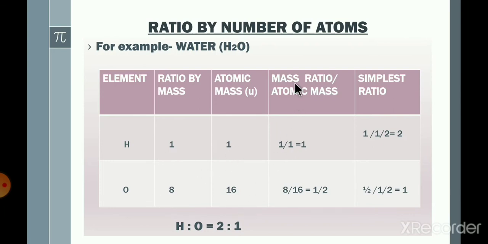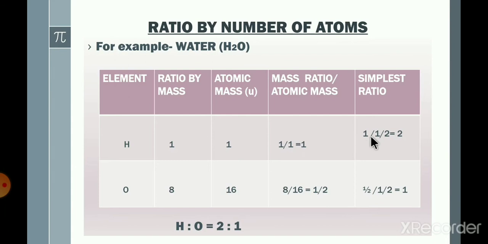Students, here we have to divide the mass ratio by the atomic mass. So the ratio will be 1 divided by 1, that is 1, and 8 divided by 16, that comes out to be 1/2. The most important thing is to find the simplest ratio. It can be found by dividing this ratio by the smallest number. Now you can see here the smallest number out of 1 and half is half.